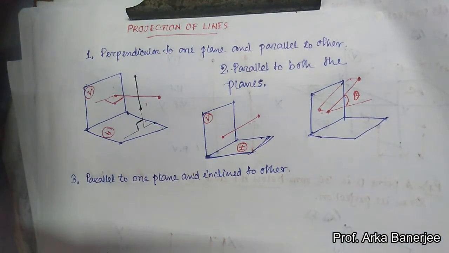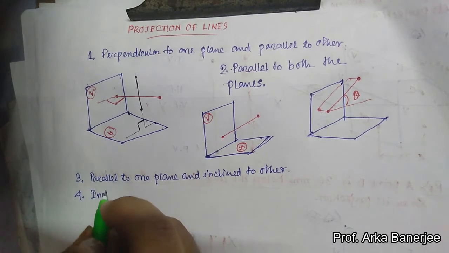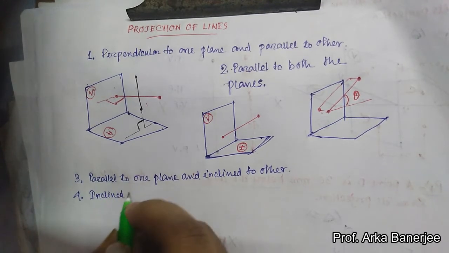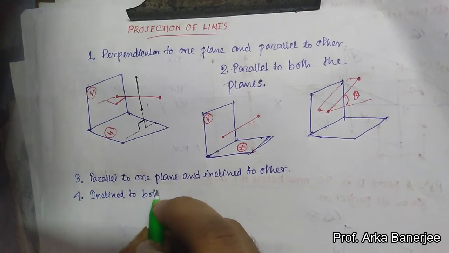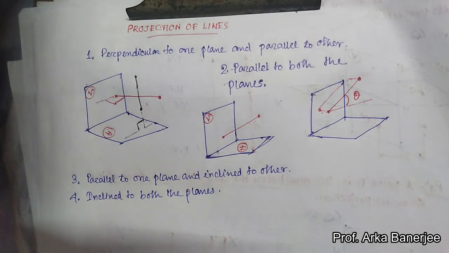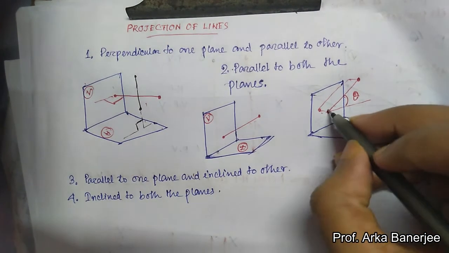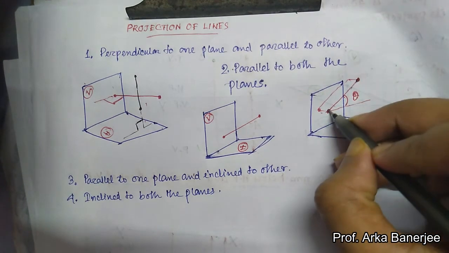And the fourth option is that it is inclined to both the planes. So suppose, think about this particular straight line.